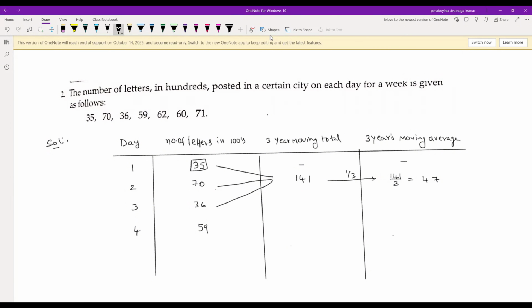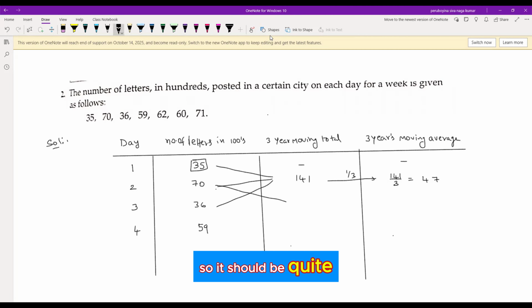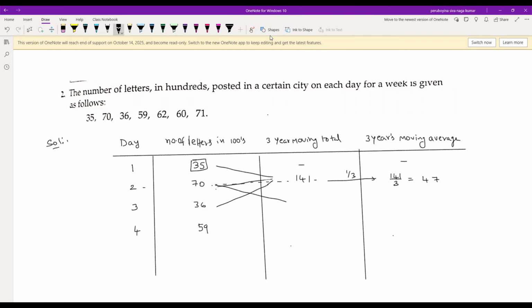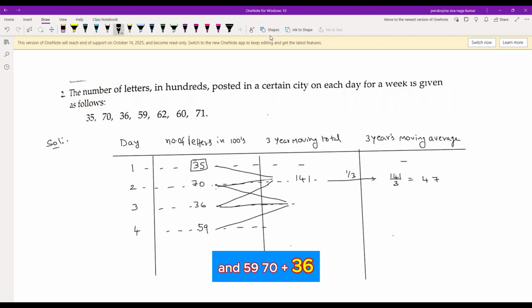Next, find the next total: 70, 36, and 59. 70 plus 36 is 106. 106 plus 59: 6 plus 9 is 15, so 165.